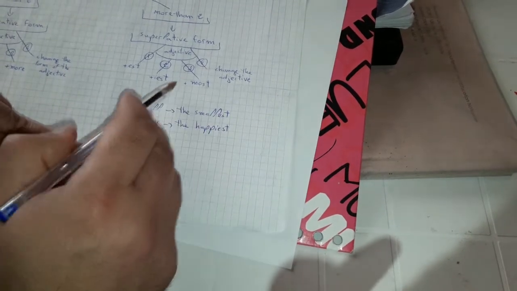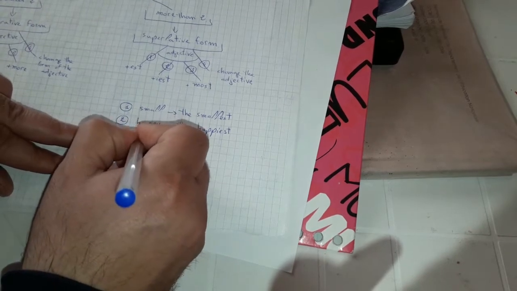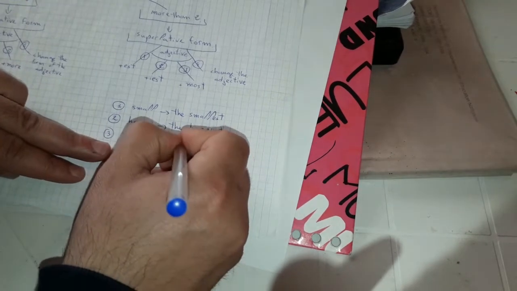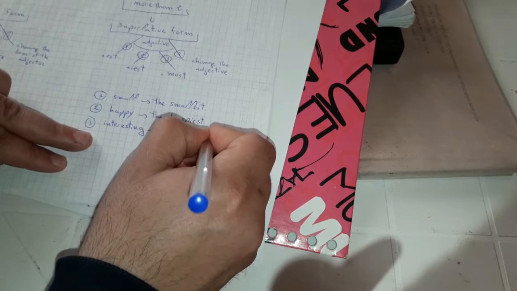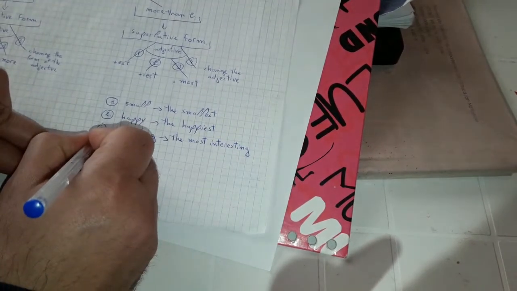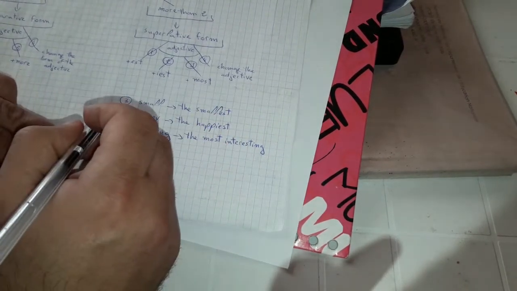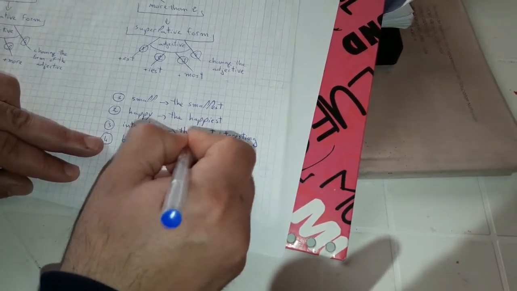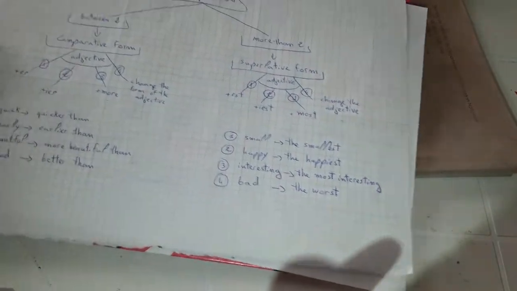Number three, where we have to put most, is like interesting, so it becomes the most interesting. And then number four, change the adjective, for example, bad, so it becomes the worst. That's it.